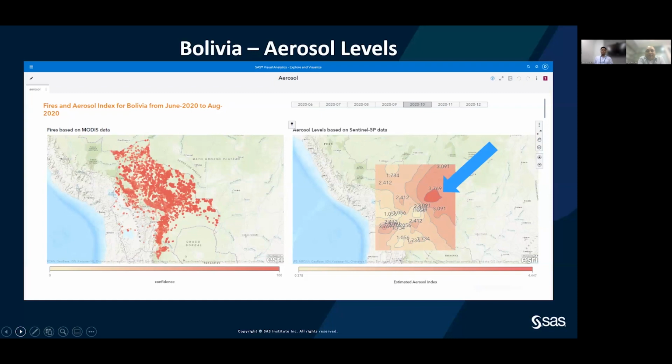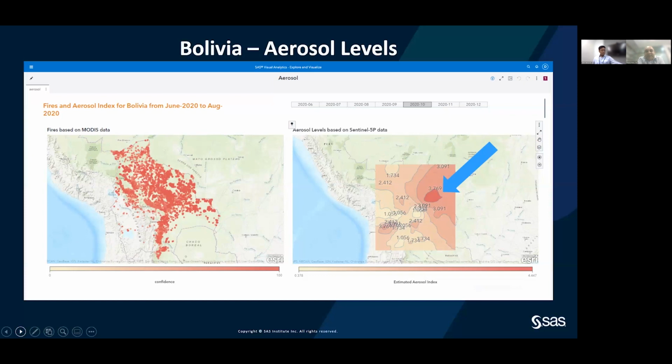Now, this is obviously a static visual, but this report can also be made interactive, where all of these estimated aerosol levels can be toggled across multiple months of the fire seasons. And users can get insights about the aerosol levels across Bolivia.